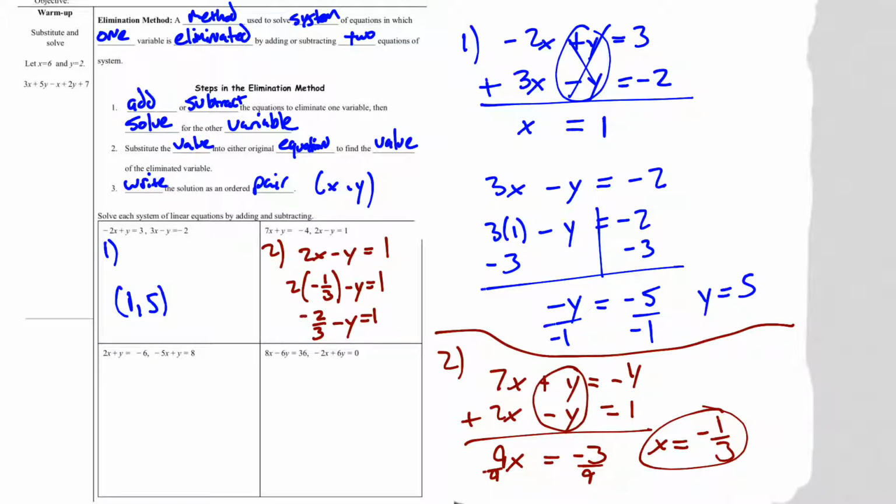If I add 2/3 to both sides, you get negative y is equal to 5/3. And then divide by negative 1, you get y is equal to negative 5/3. So the answer to this problem is x is negative 1/3, y is negative 5/3.